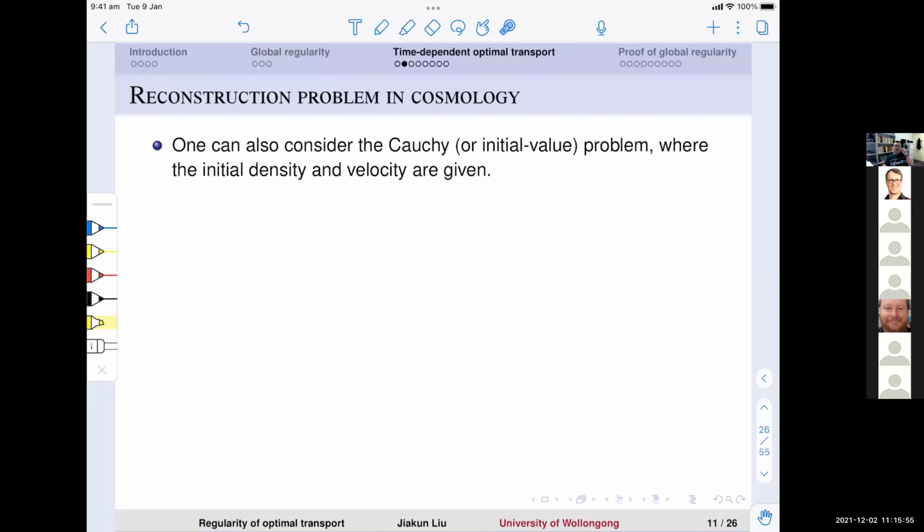At that point, we know the distribution, but it's pretty hard to know the velocity, because the velocity is like an explosion, right? So the velocity will be singular. So it makes more sense to talk about a reconstruction problem. That means the initial is a Dirac measure, and assuming we know the distribution of the universe today, we can then understand what happens in the past. Okay.